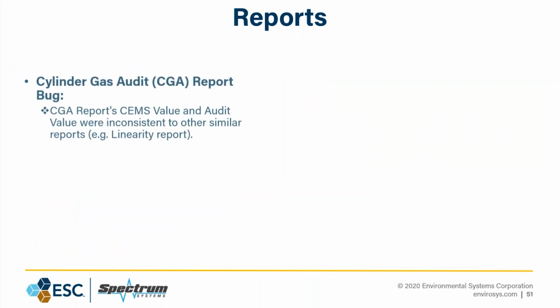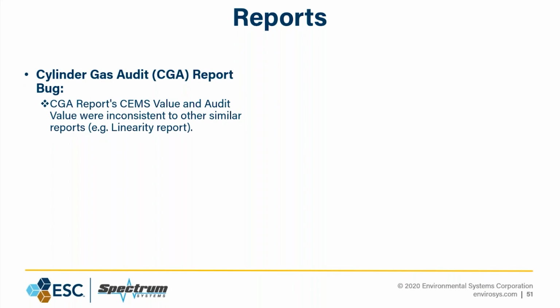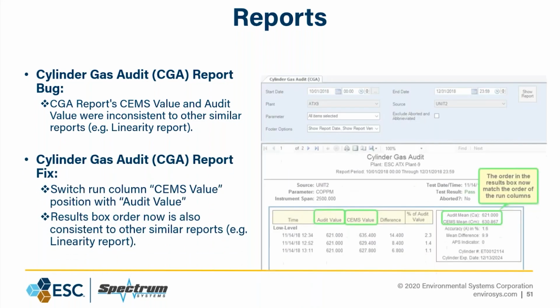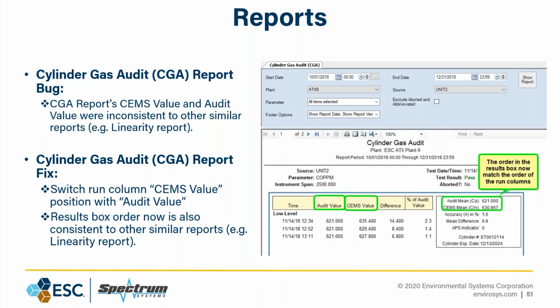Your CGA report had a bug concerning the SIMS value and audit value being inconsistent to other reports, mainly the linearity report. Now those columns have been switched in showing the SIMS value position with the audit value.